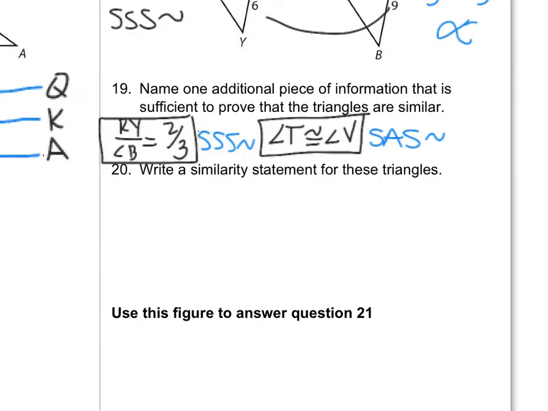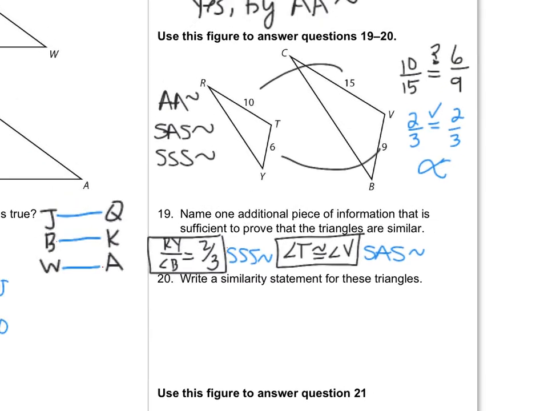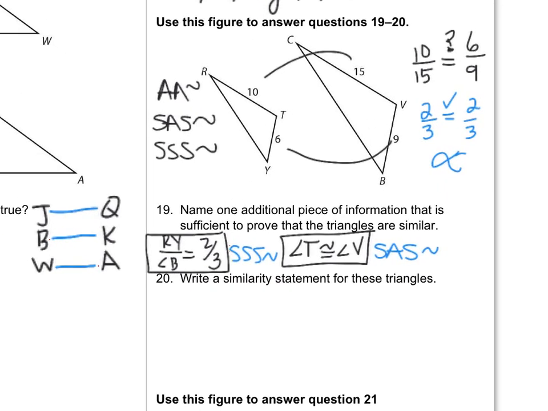Number 20. Write a similarity statement for these triangles. So if these triangles were similar, then you would say triangle RTY is similar to triangle CVB.